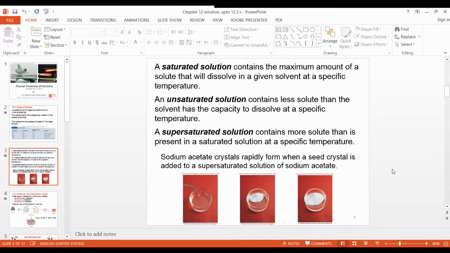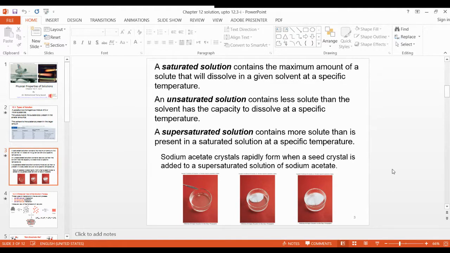If you heat up sodium acetate in the unsaturated solution, there becomes more space in the water, and you add some more extra solute into this solution. Now you will see that all of the solution dissolves when the temperature increases.